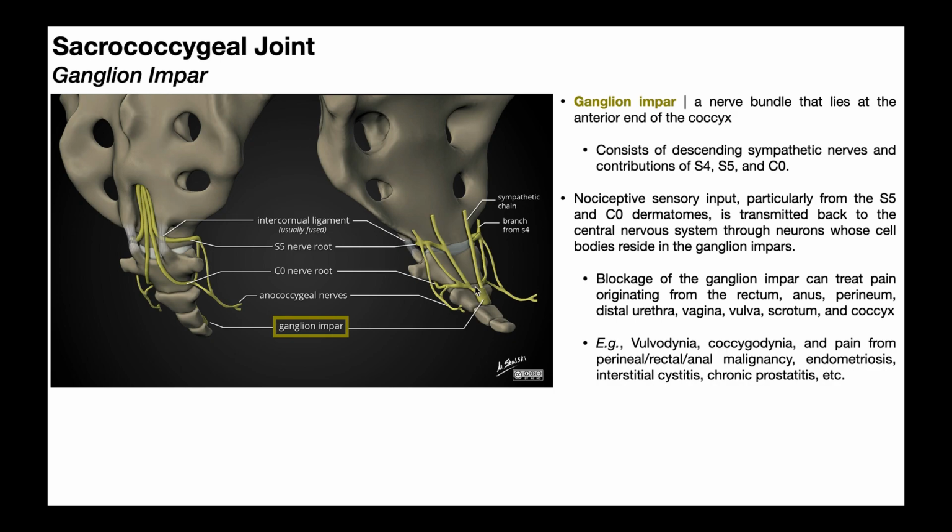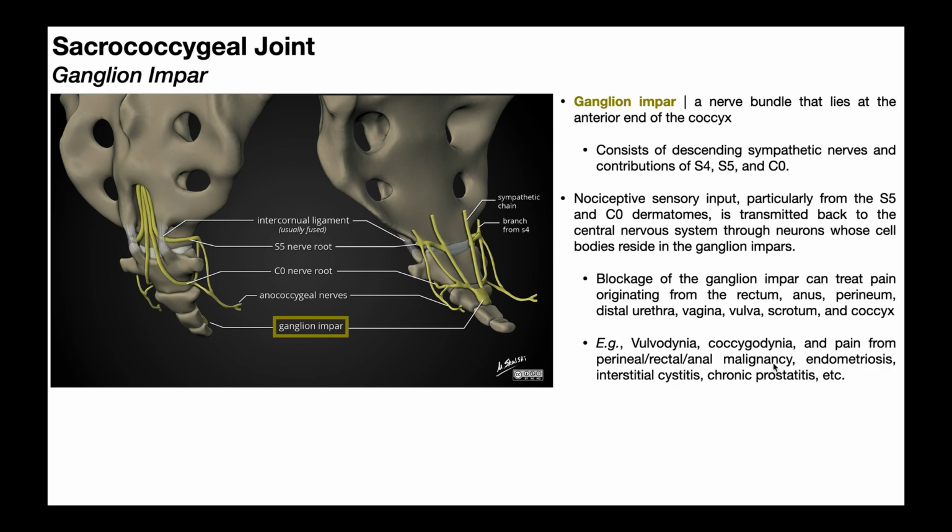And it turns out that nociceptive sensory input, so that's stimuli that potentially cause pain, particularly from the S5 and coccygeal dermatomes, is transmitted back to the central nervous system through neurons whose cell bodies reside within the ganglion impar. And so potentially, pharmacological blockade of the ganglion impar can treat pain originating from the rectum, anus, perineum, distal urethra, vagina, vulva, scrotum, and coccyx.